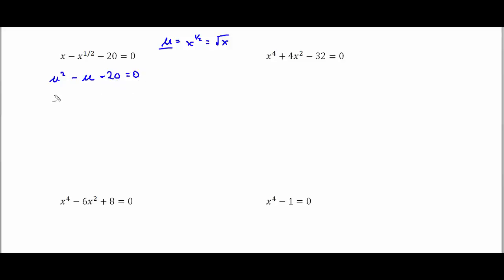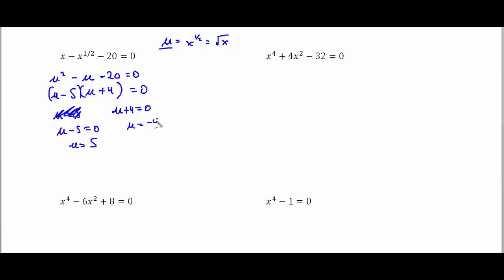And what we're going to do is some factoring, because there are two numbers that will multiply to make negative 20 and add to make negative 1. So now I've got u minus 5 equals 0, which means u is equal to 5, and I also have u plus 4 equals 0, which means u is equal to negative 4.